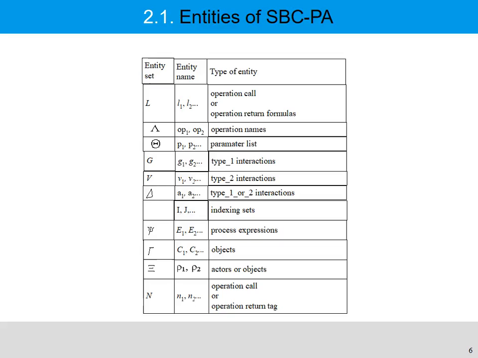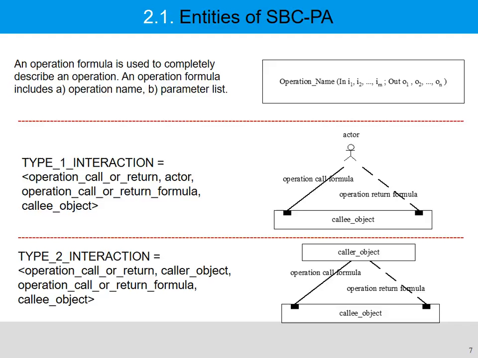SBC Process Algebra uses many entities such as operational call or operational return formula, and operational name, parameter list, and such. An operational formula is used to completely describe an operation.